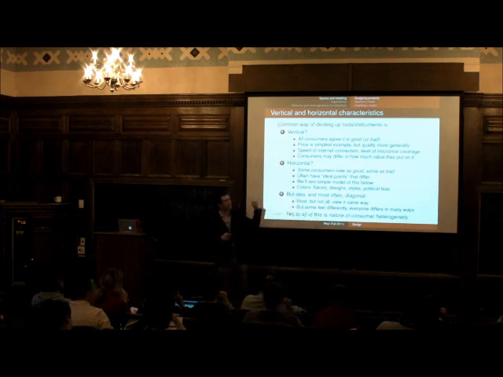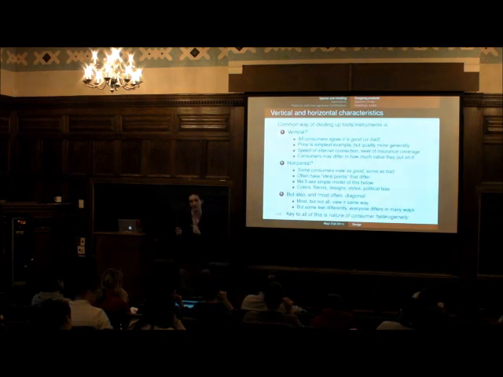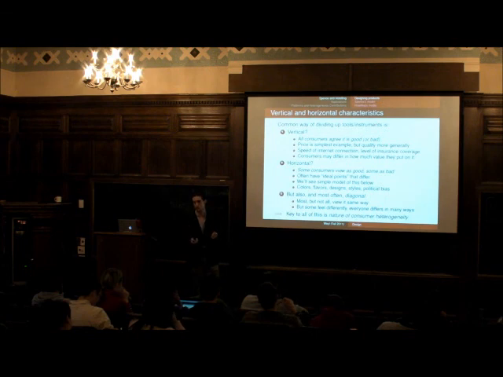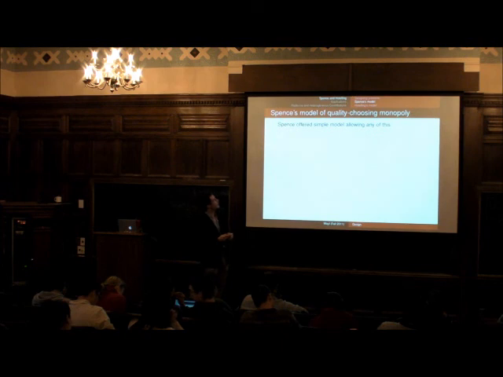So a vertical characteristic is not really an inherent characteristic of the characteristic itself. It's rather that the consumers are not that heterogeneous in terms of the values that they have. On the other hand, a horizontal characteristic is one where people are very heterogeneous, right? And so that's really the key, is the nature of the heterogeneity among consumers, not the nature of the characteristic itself.